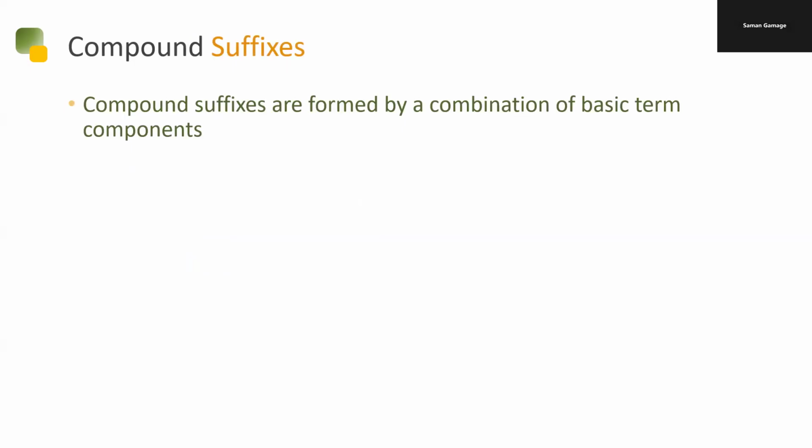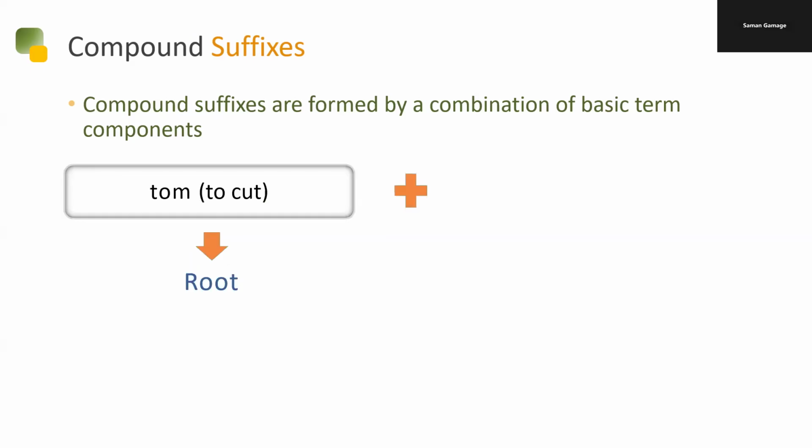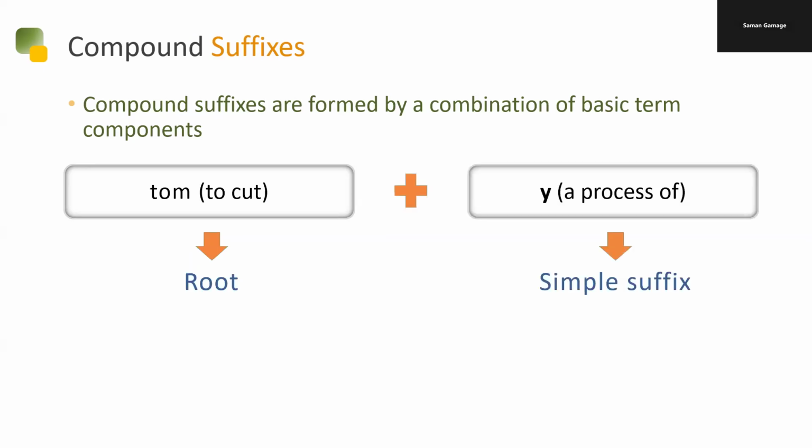Compound suffixes are formed by a combination of basic term components. For example, tom. Tom means to cut. Tom is a root. Y means a process of. Y is a single letter, but as a simple suffix, it gives the meaning a process of.